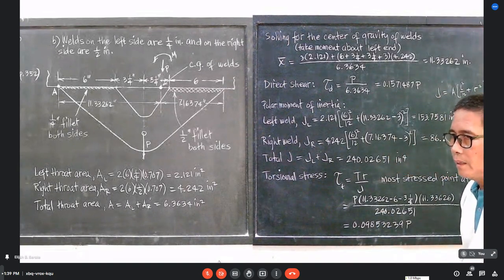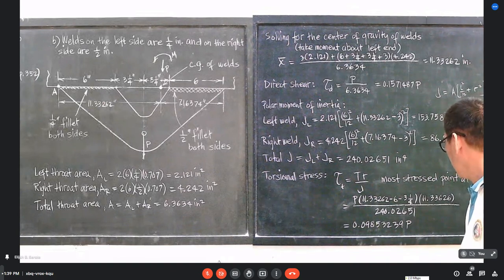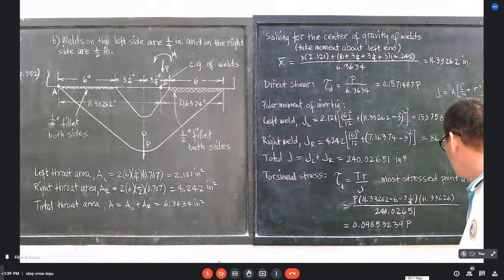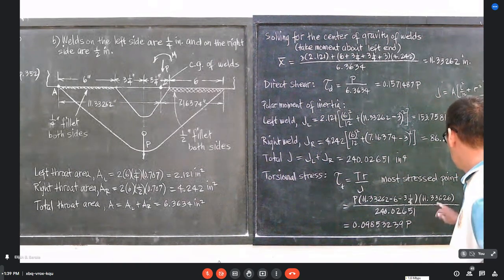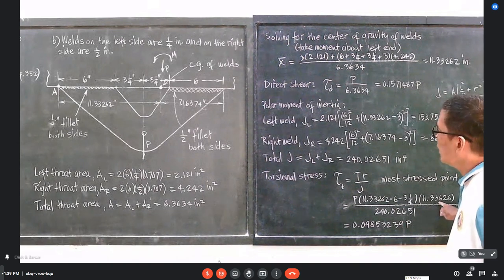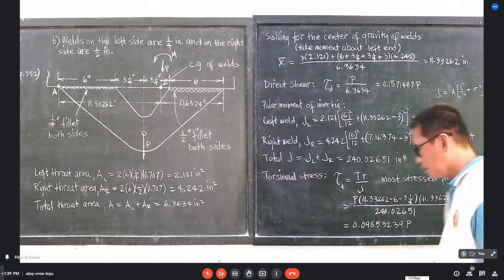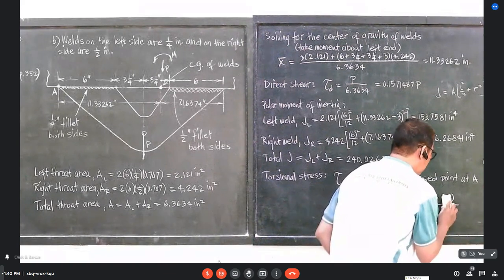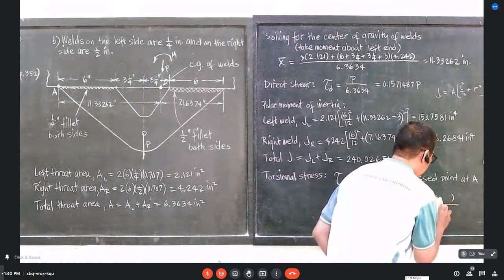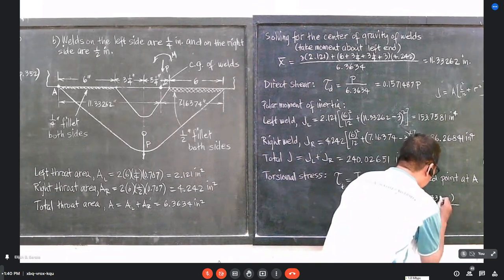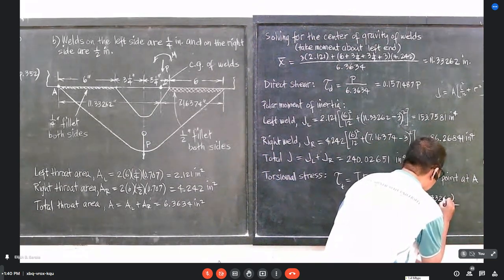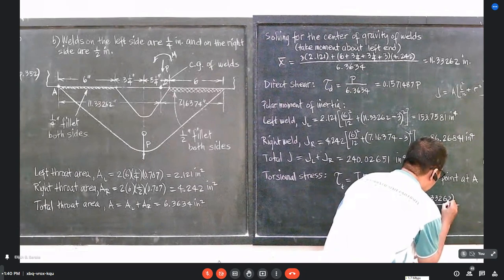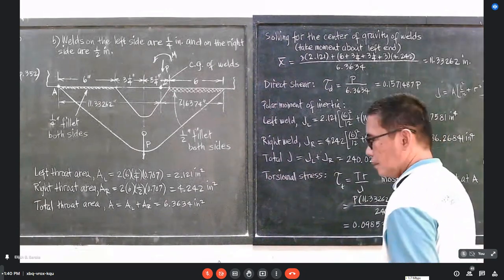6. 3, 3, 2, 6, 2. Okay. 3, 3, 2, 6, 2. Okay.